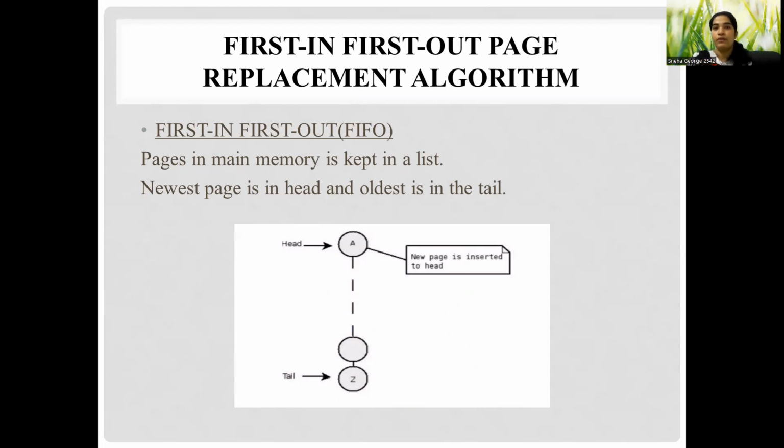We call it FIFO. The pages in memory are kept as a list, where the newest page is the head and the oldest one is in the tail. New pages are inserted at the head, and the oldest one lies at the tail, as shown in this figure.